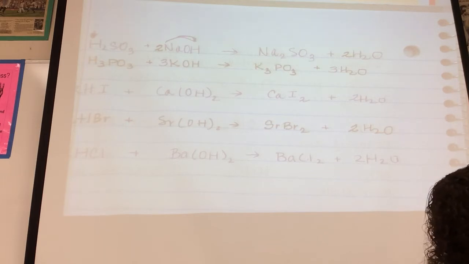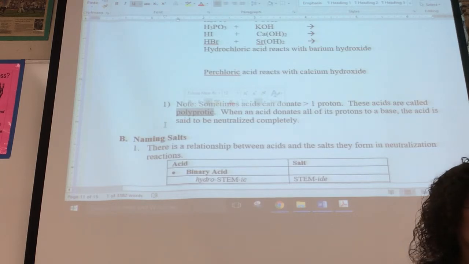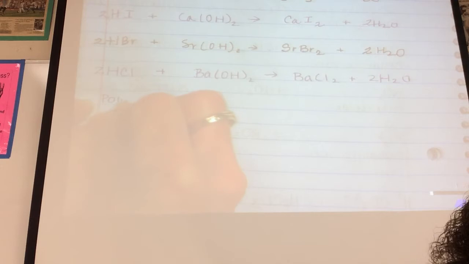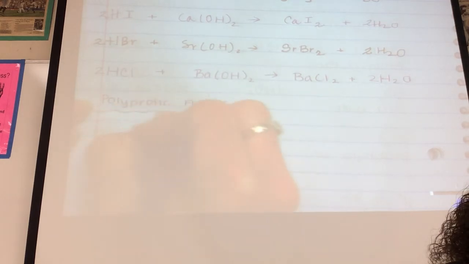All right, finishing up this lesson then. Something we've mentioned a couple times already is sometimes acids can donate more than 1 proton. They'll still do it 1 proton at a time, but if they have more than 1 proton to donate, we refer to them as polyprotic. So for example, polyprotic acids have more than 1 ionizable proton.